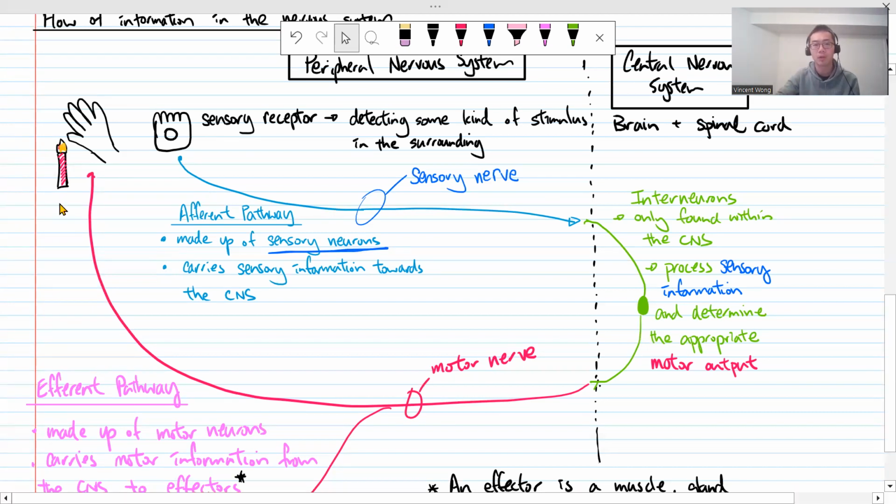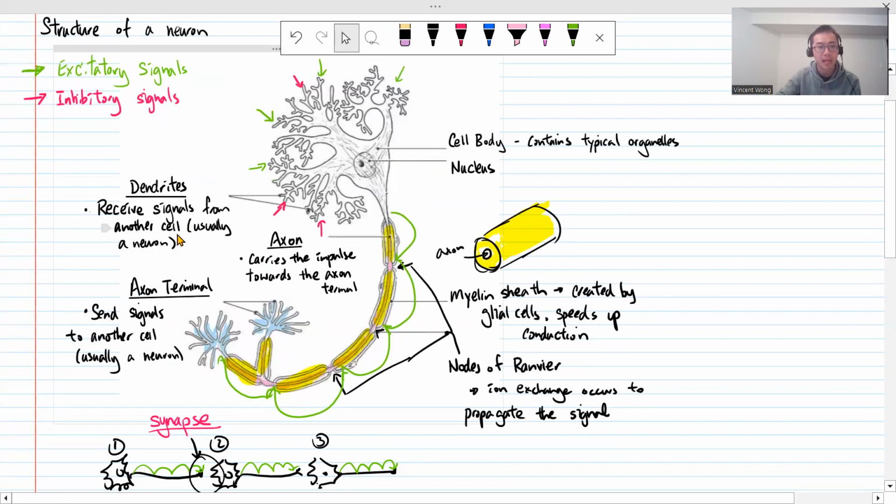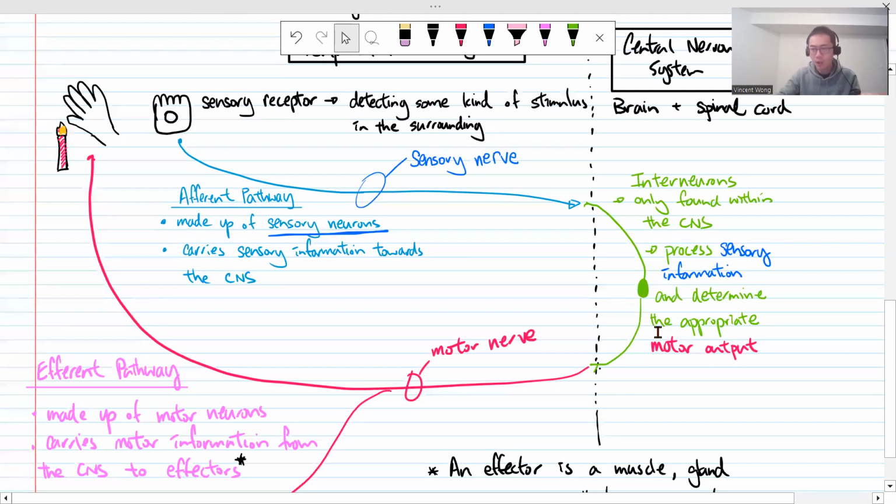Another thing that I want to bring your attention to. In this note here, I said that dendrite receives signal from another cell, usually a neuron, right? And here it says that the axon terminal sends signals to another cell, usually a neuron. So what is that exception? Do you guys know the game like Broken Telephone, right? Where you have a bunch of people and then you pass the message from one person to another person?